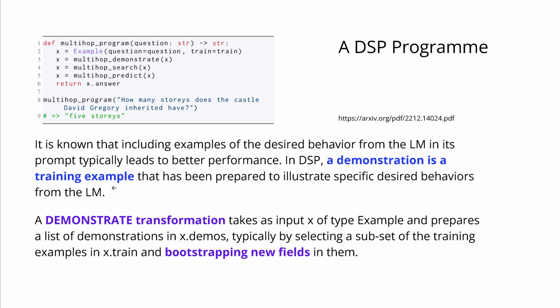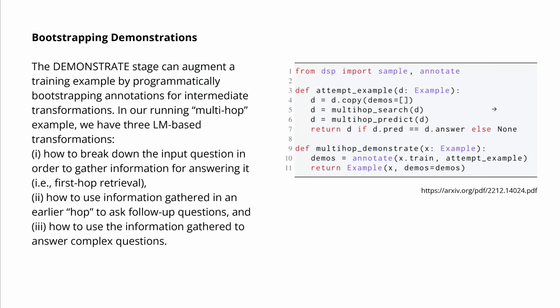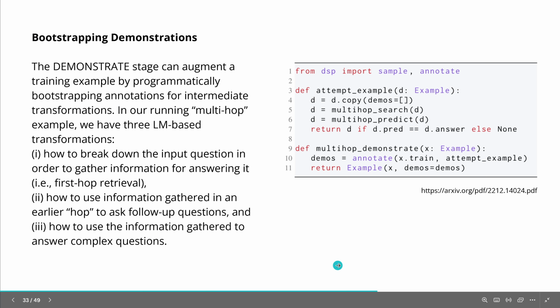And of course, we have a transformation, a mathematical function that takes the input x of a specific type and prepares a list of demonstrations, typically by selecting a subset of the training examples and bootstrapping new fields in them. This is the most important sentence here: bootstrapping new data structures, or bootstrapping demonstration examples. So you see the program, very easy, but I just wanted you to understand the main idea.